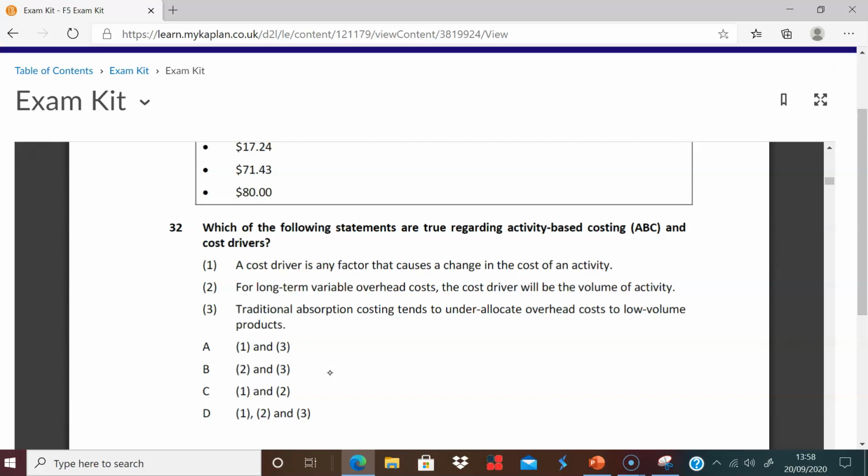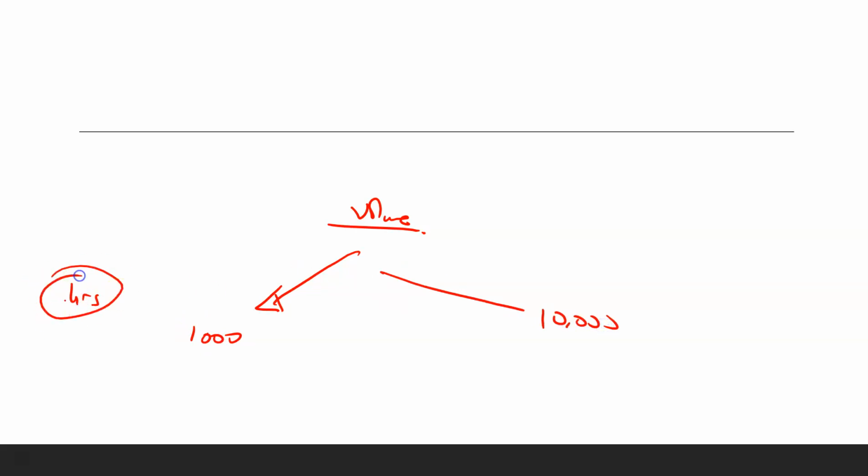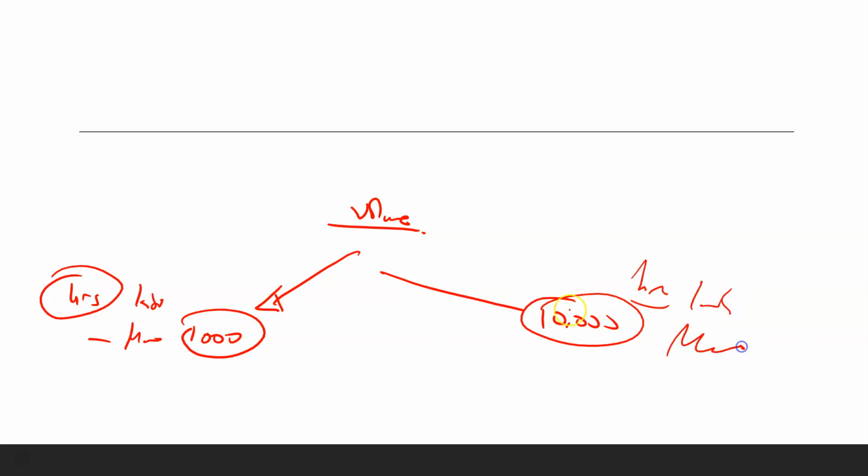And then traditional absorption costing tends to under-allocate overhead costs to low volume products. Well, you see, that's actually the whole point. Traditional absorption costing has always been very much about volume. Typically, whether we say hours of labor or machine hours, the argument, traditional style, is that the more units you produce, the more hours you would need of both labor and machine time, and the fewer units, the less labor you would need.